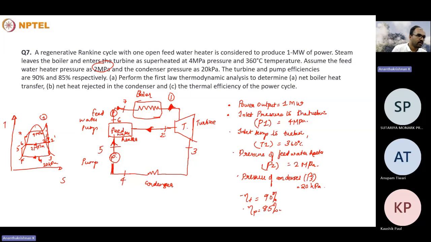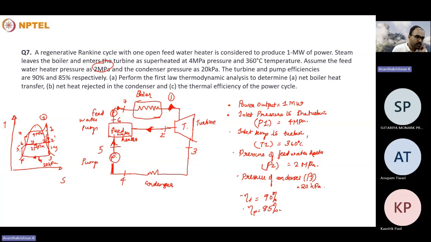How will that be considered? We assume that if 1 kg per second is the flow rate that happens in the turbine, a fraction of that, y, will go to the feed water, and the rest, 1 minus y, will go to the low pressure pump.